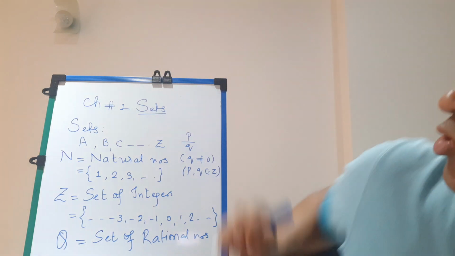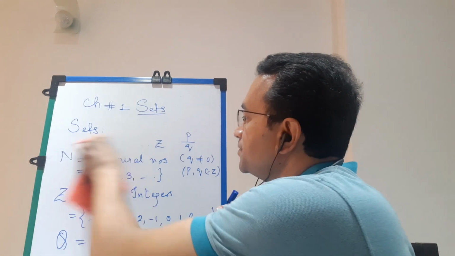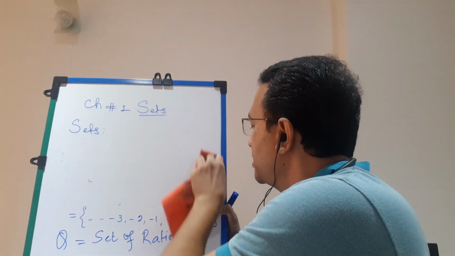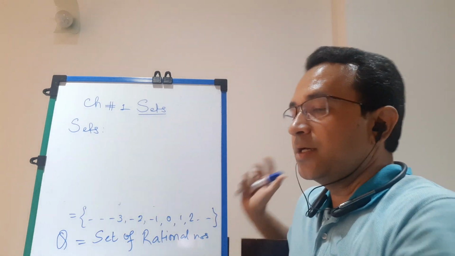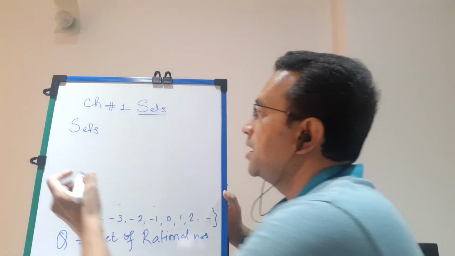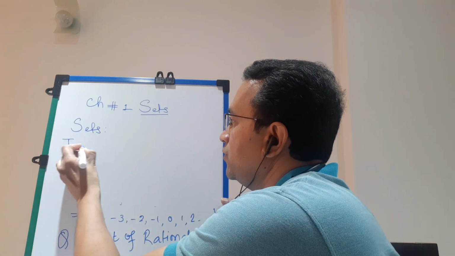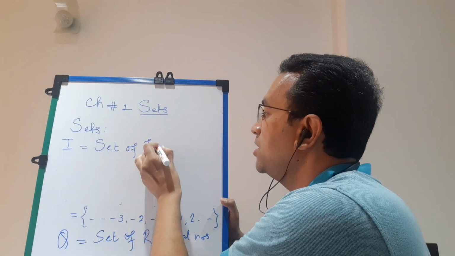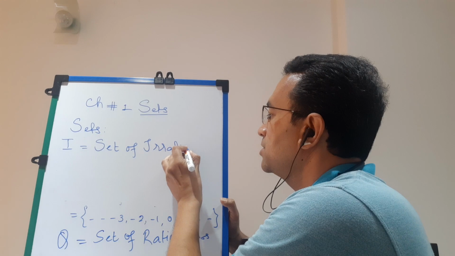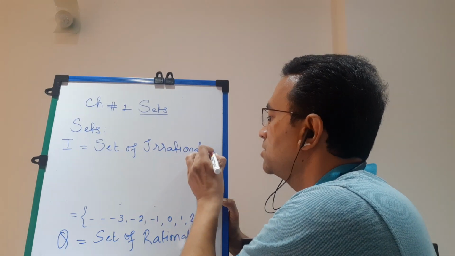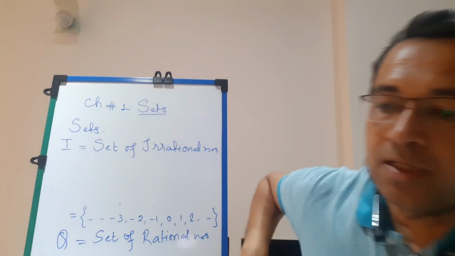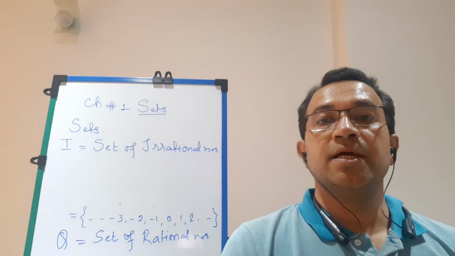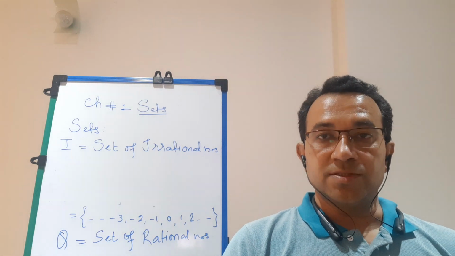Now after Q, we have the next set, which is set I, the set of irrational numbers. Students, root 2, root 5, root 7, all these are irrational numbers.